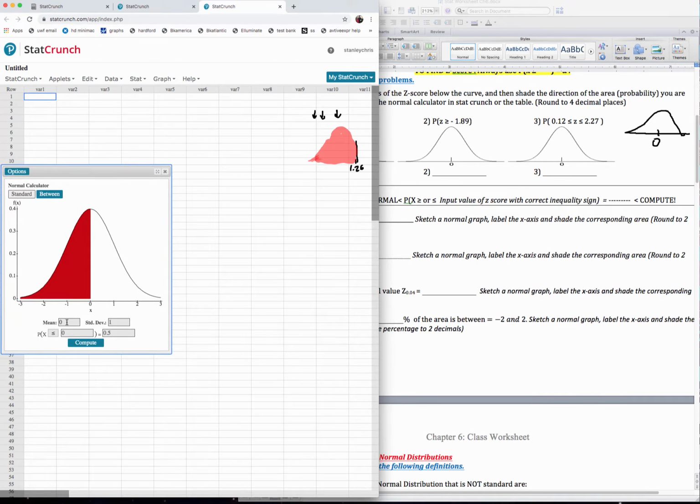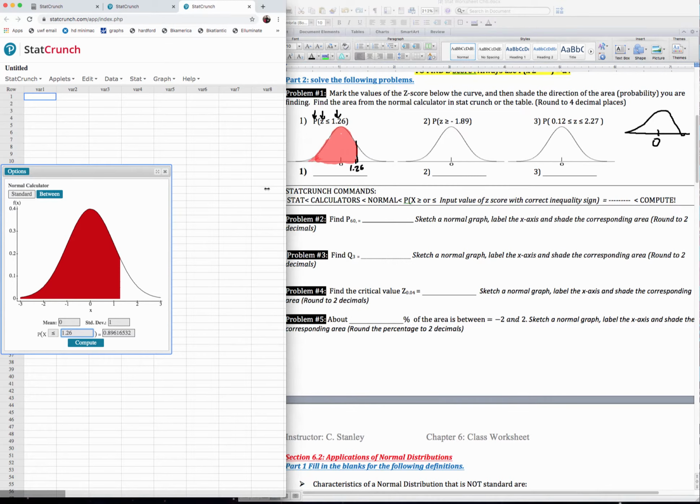Okay, so what I want to do is keep the mean at 0 and standard deviation at 1. I'm going to change this guy right here to a 1.26. I'm going to hit enter. And 0.896. Okay, I think I could keep this out now.